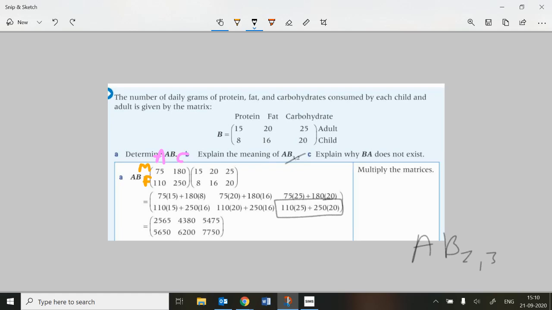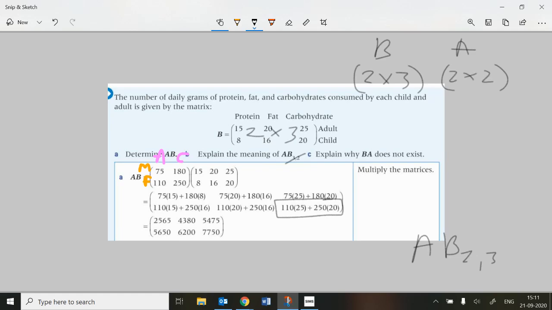Okay, so finally it says explain why BA does not exist. Well, BA does not exist. Let's think about BA. BA is the matrix which is, B is a 2 by 3 matrix, and A is the matrix which is 2 by 2.